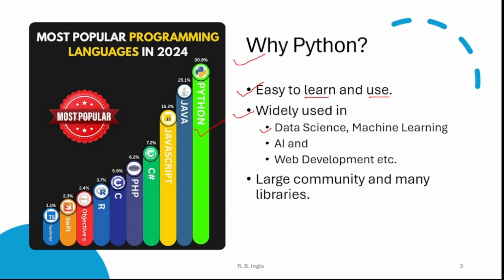That is why it became very popular and is nowadays used in almost all industries. It also has a large community making a large number of libraries. By using those libraries, we can do our tasks with less code. That is why Python is becoming very popular.